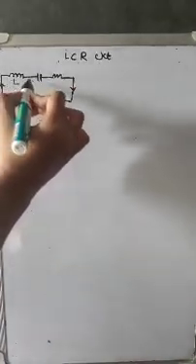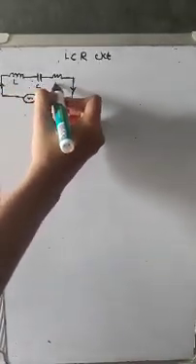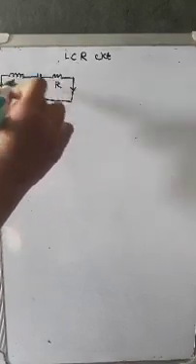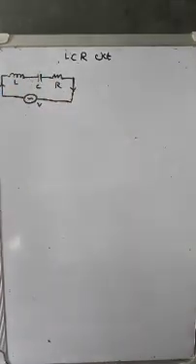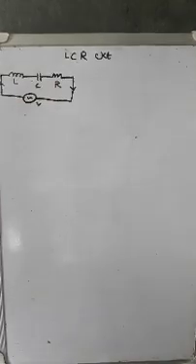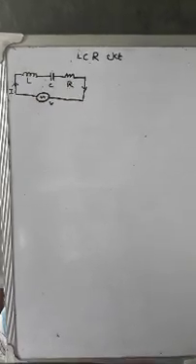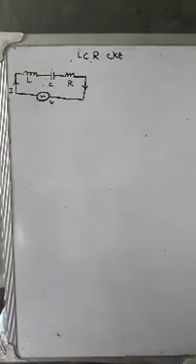This is your L part, this is your C part, this is your R part. That means this is the inductance, this is the capacitance, and this is your resistance R. And this is your alternating voltage, that is V, that is written here.